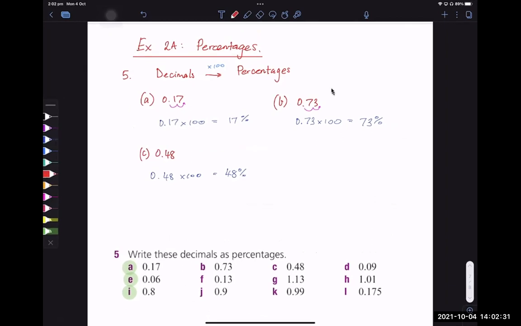Because remember, ultimately you're going to do a test, right? A test also requires you to have a bit of speed as well. And you can see how I'm writing it out as well. I write the question and then I write underneath what to do.